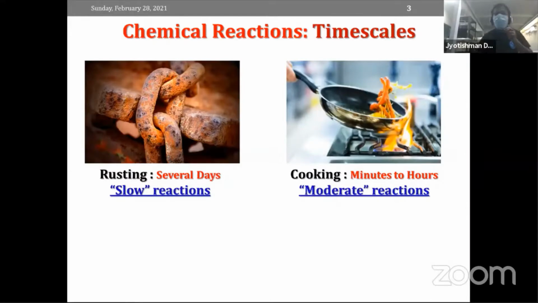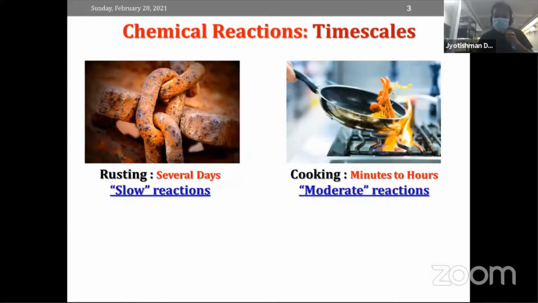Cooking is a typical example of a moderate reaction, which can happen within minutes to hours. These two types of reactions, slow or moderate, which can happen over minutes to hours to several days, are very easy to observe and very easy to record. We can see them, we can feel them, and using a wristwatch, we can record how long it takes to complete.